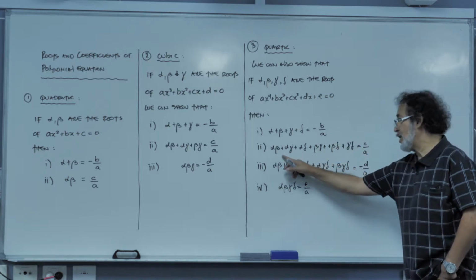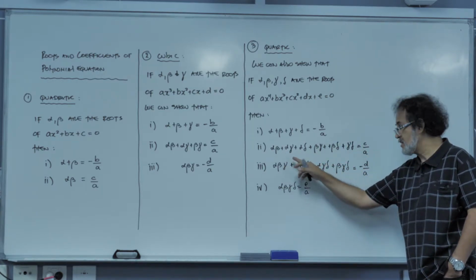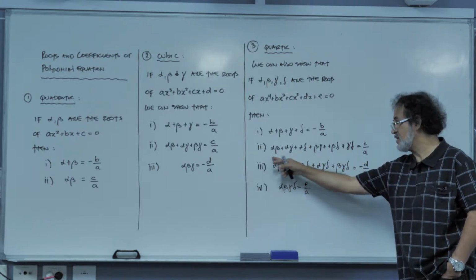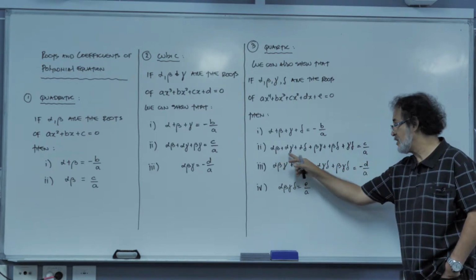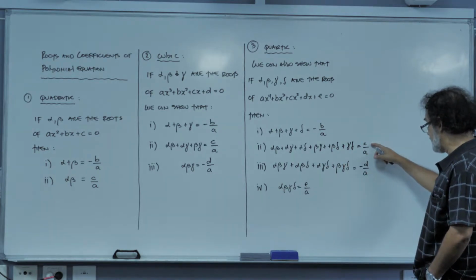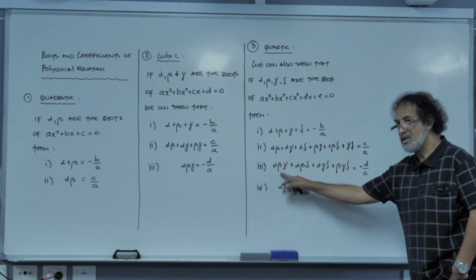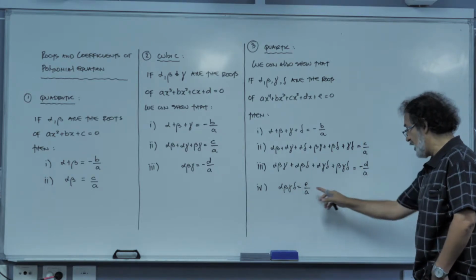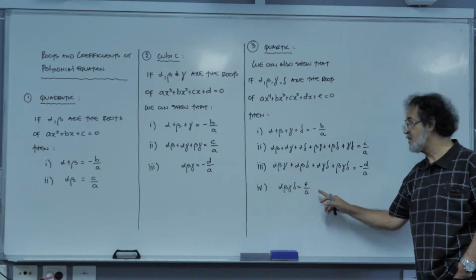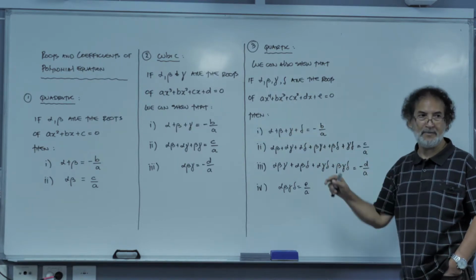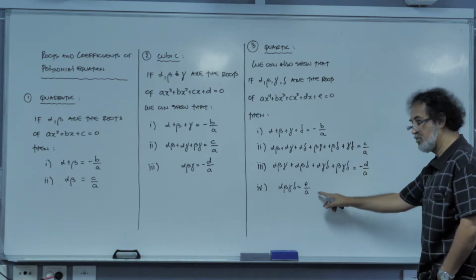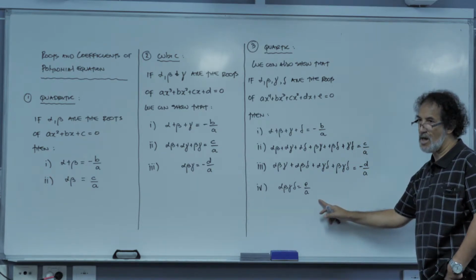When you multiply them in pairs, taking 2 at a time, the answer is c on a. If you take them 3 at a time, the answer is minus d on a. And if you multiply them all together, the answer is e on a. And you can see that this is negative, positive, negative, and positive. Can you see the pattern?